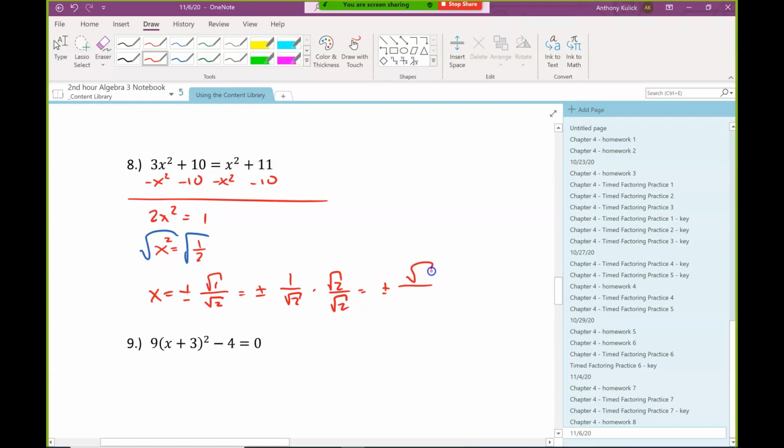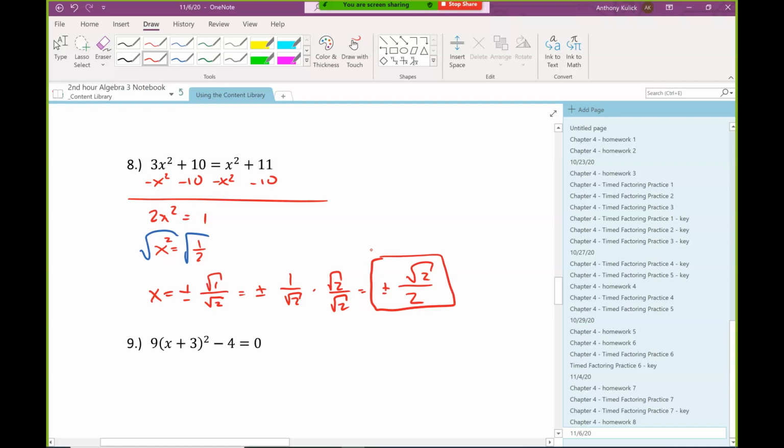The reason that works is because the square root of 2 times the square root of 2 is the square root of 4, which is just 2. Okay with that, Hallie? You might have recognized square root of 2 over 2 from geometry last year. That was the sine and cosine of a 45-degree angle, if that number looked familiar.